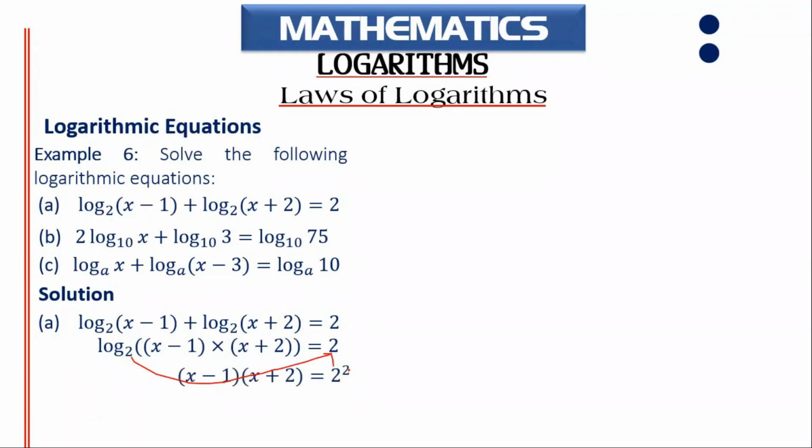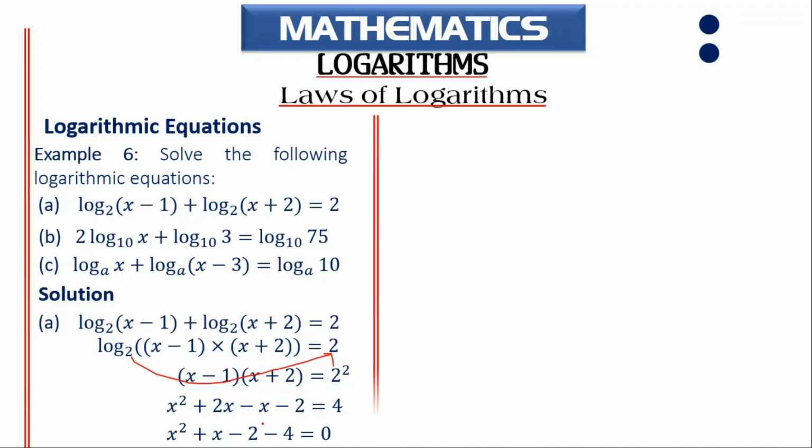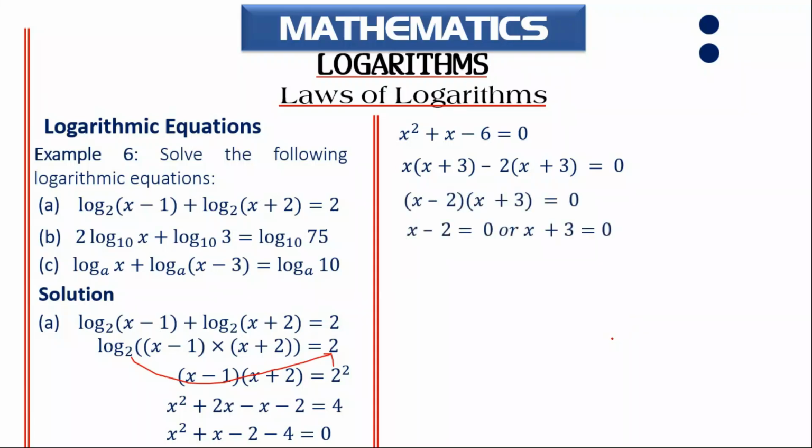So which is what has been done here. And if you expand this further, you have this. And if you collect like terms and simplify further, you have the resulting quadratic equation, which you can then solve further to get your final answer.